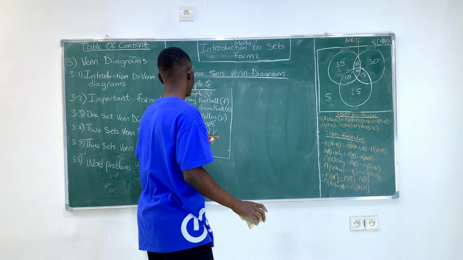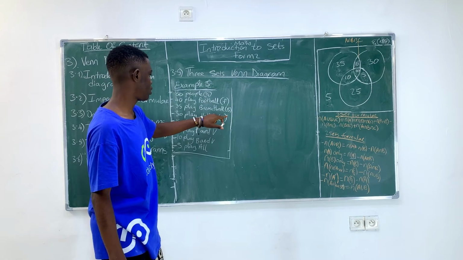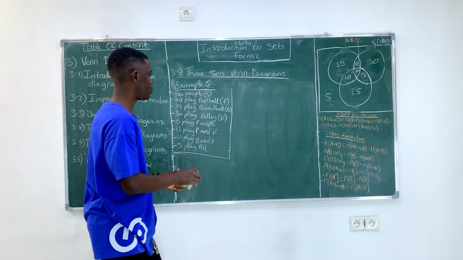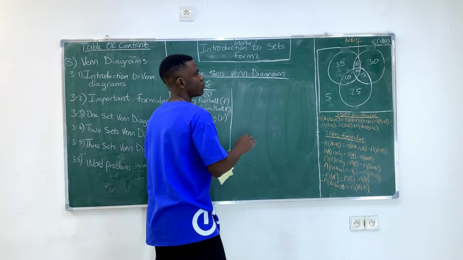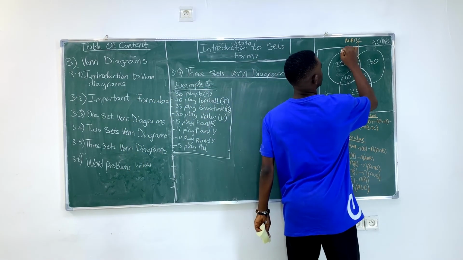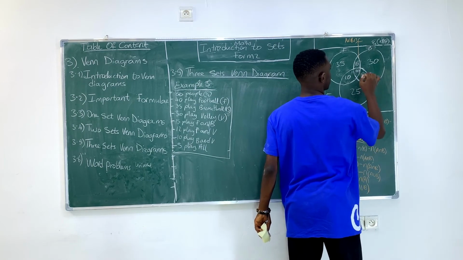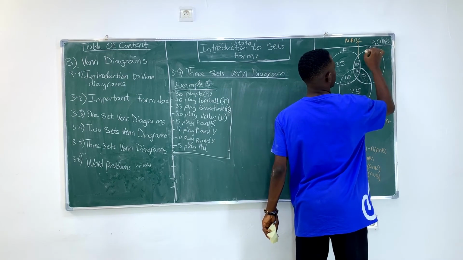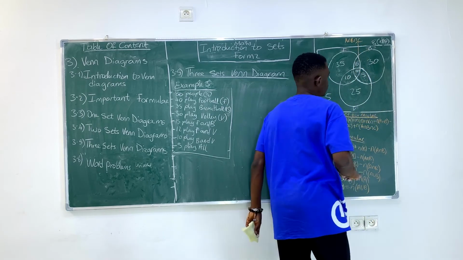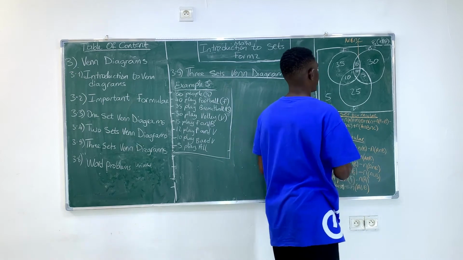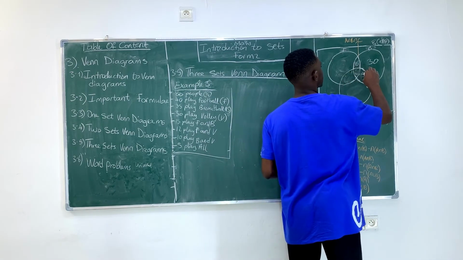So in this case, we represent the universal set, football, basketball, volleyball. So, looking at the inside and outside.